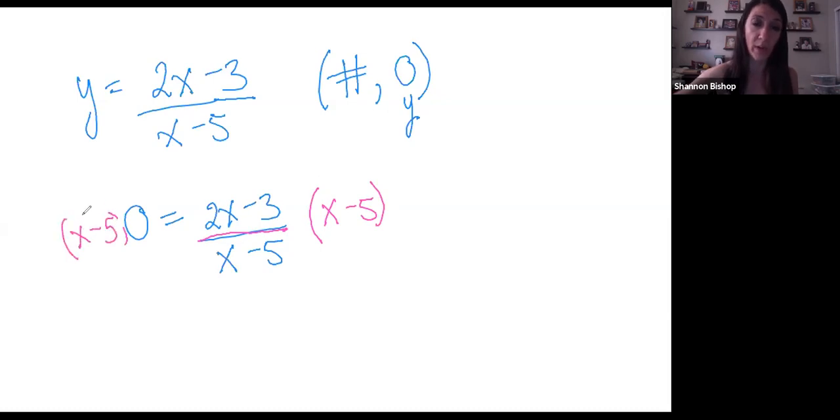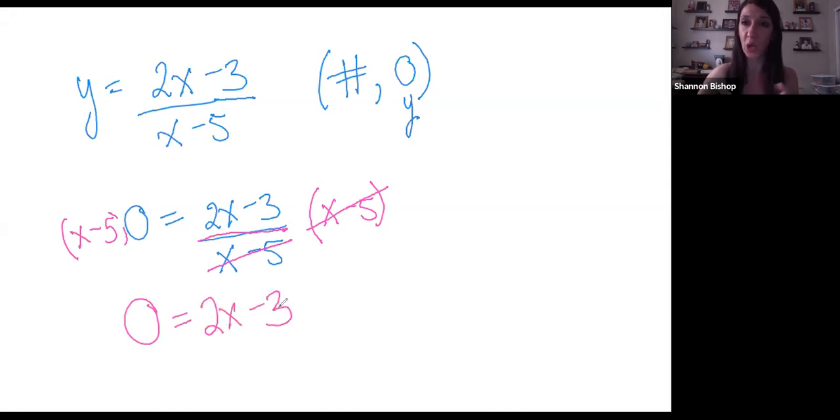Now the whole point of that is because this multiplication is the inverse of that division. So those just undo each other. But now check this out. Guys, what's x minus 5 times 0? What's anything times 0? Yeah, 0. So you end up just having to solve that numerator equation because the denominator, when you multiply it over, just gets zeroed out.